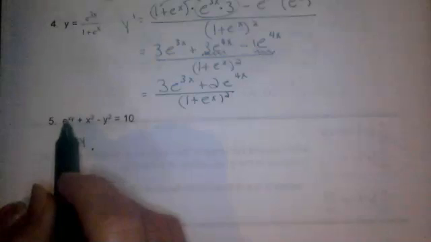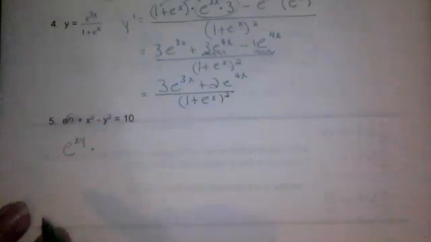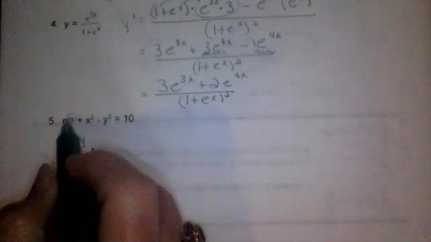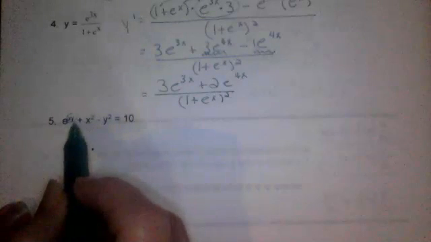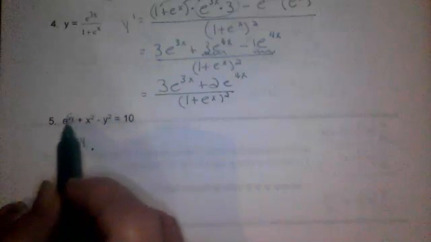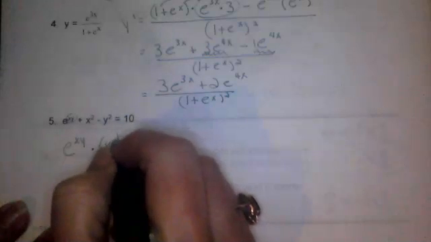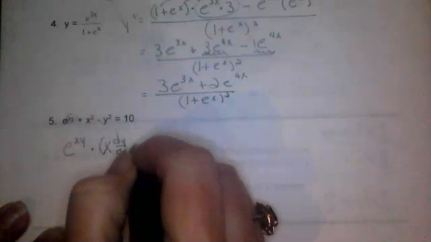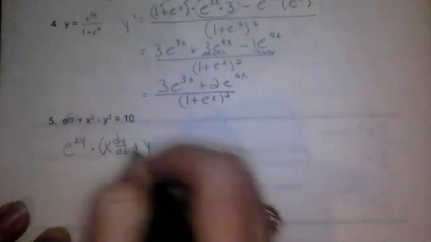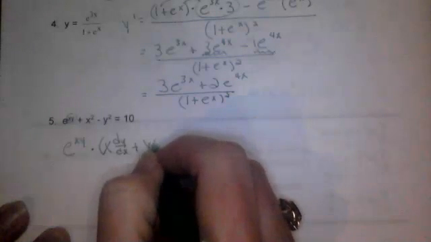And this is where we're going to need some implicit differentiation, because we're going to have to do first times the derivative of the second plus second times the derivative of the first, and these are with respect to x. So we're going to have x, the first, times the derivative of y, which is 1 dy dx, plus the second, which is y, times the derivative of the first, which is just 1.